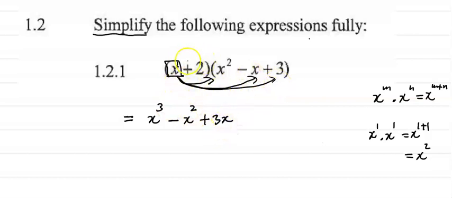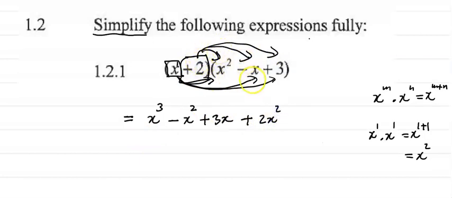Now let's do the same thing with this positive 2. Using the distributive law, we're going to take positive 2 and multiply it by every other term in the bracket. So we're going to get plus 2 times x squared, that's plus 2x squared, plus 2 times minus x, minus 2x, and plus 2 times plus 3 is plus 6.